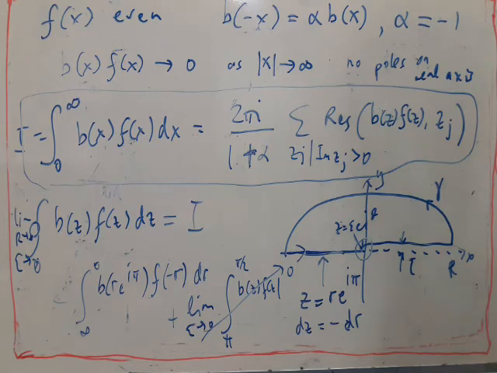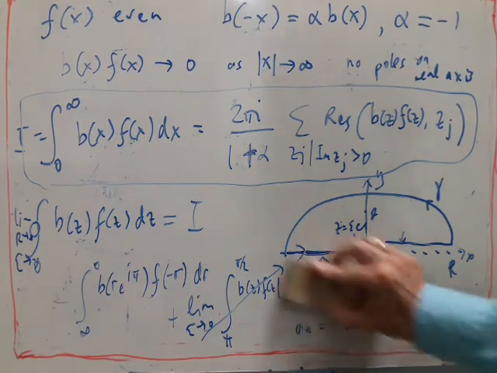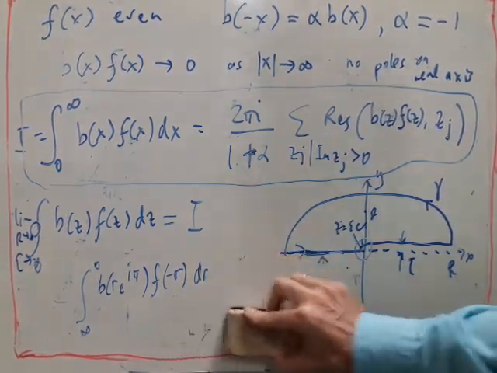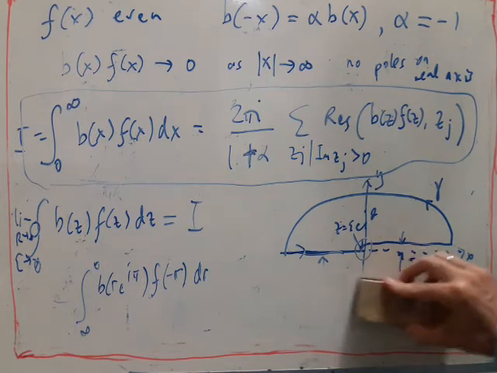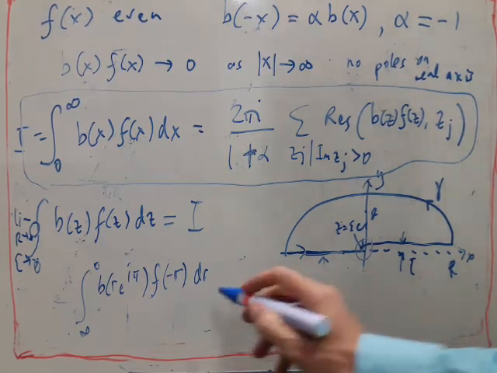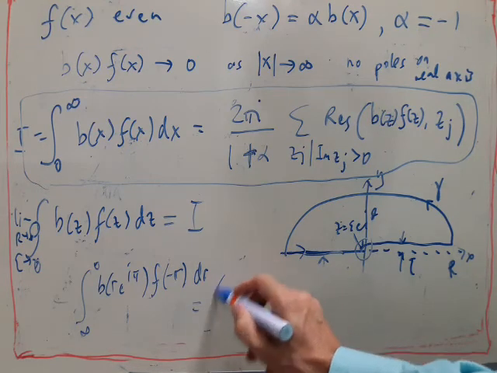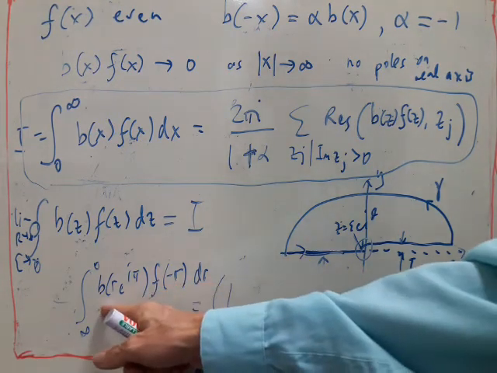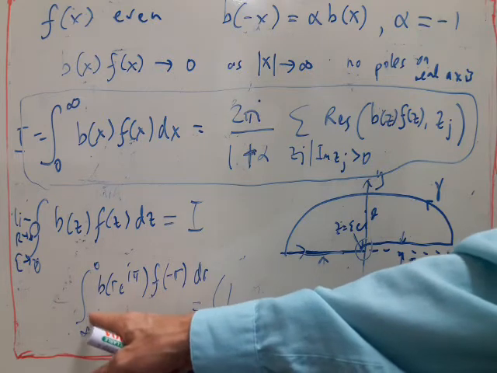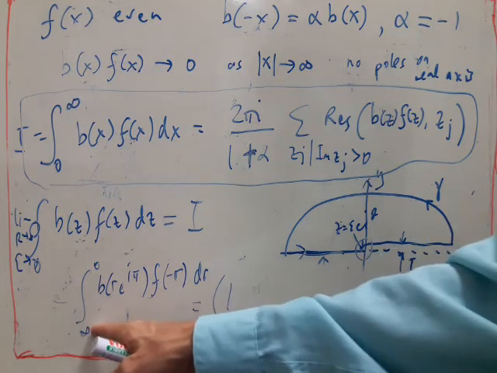I'll just make some space here. We can rewrite this now as I. Now, think what happens here. We've got a minus sign here, and limits infinity and 0.